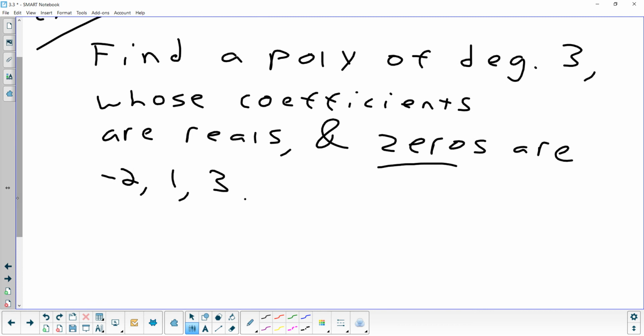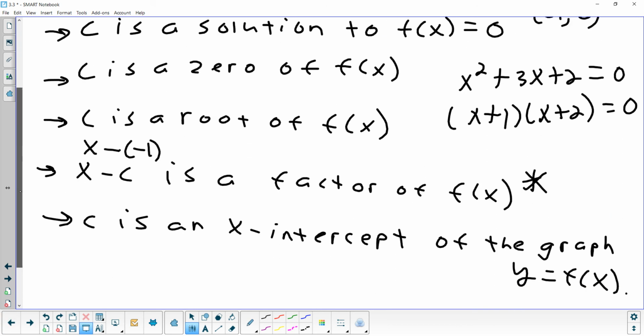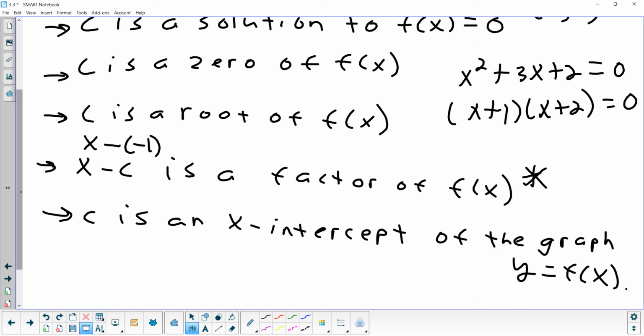Let's start with -2. So -2 is a 0. Or you could also say -2 is a root. Let's go back and look at those equivalent statements. What else here would help us to figure out the original polynomial?